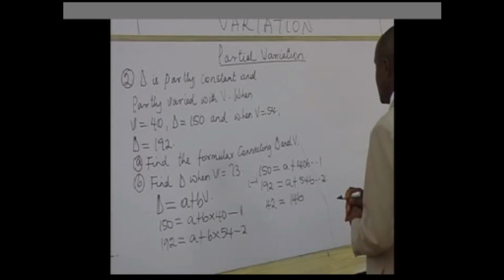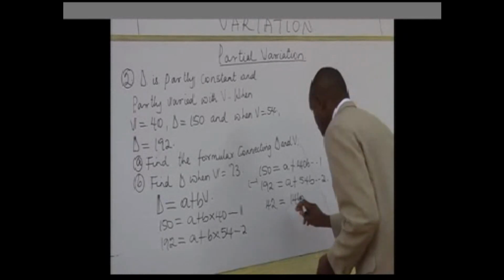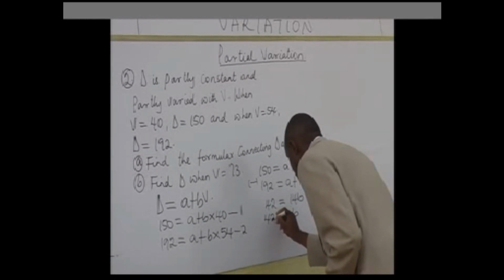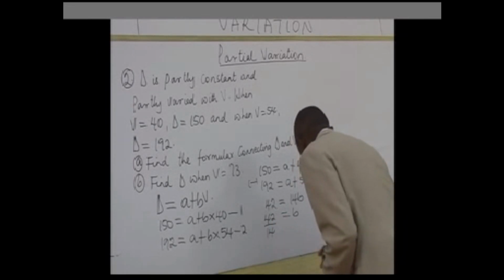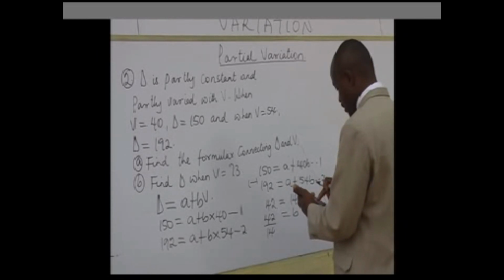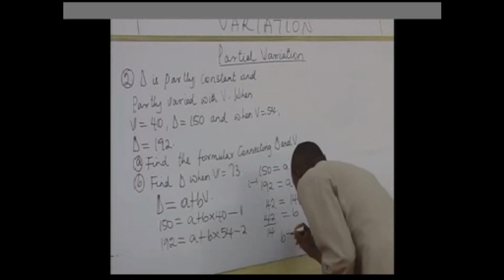We can divide both sides by 14 so as to find the value of B. If we do so, we are going to discover that our B is going to be 42 all over 14. 42 divided by 14 is 3. So our B is equal to 3.